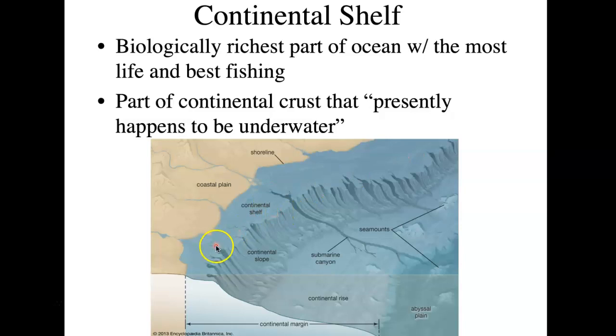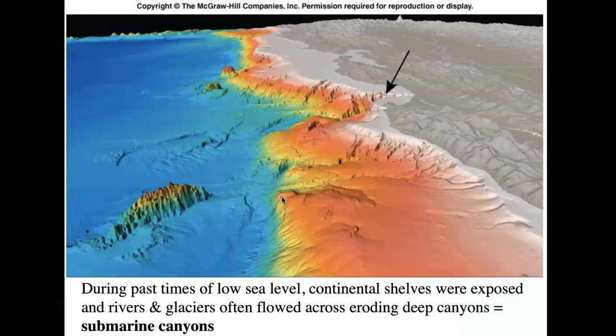Now, there are different features of this continental shelf that we'll start to get into. So we can see submarine canyons through the continental shelf as well as into the continental slope. We'll talk about some of these features like we see off of Monterey Bay in just a little bit, or actually in this slide. So during past times, especially when the sea level was low, the continental shelves were more exposed.